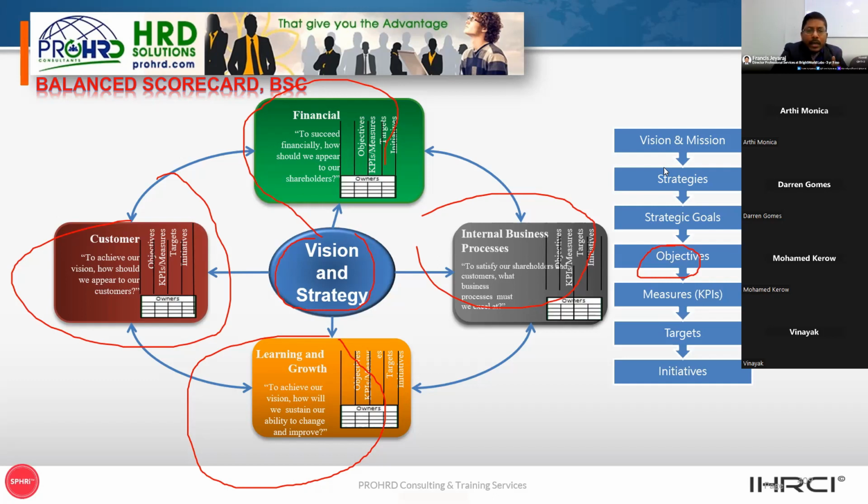For example, you have objectives, and objectives are broken down into measurable KPIs. Say the big objective is to achieve a net margin of 2%. How do you achieve it? By having KPIs linked with individuals, from top management to bottom, and also KPIs being set for the departments.